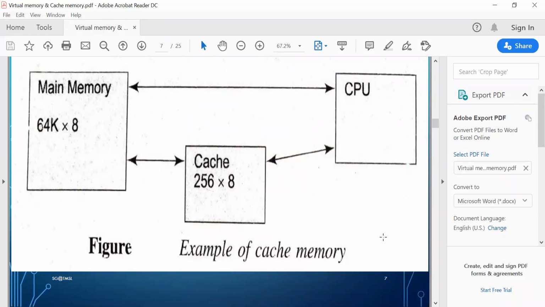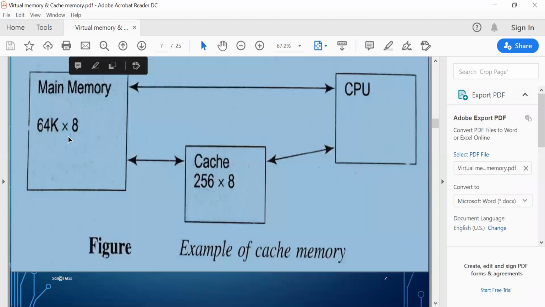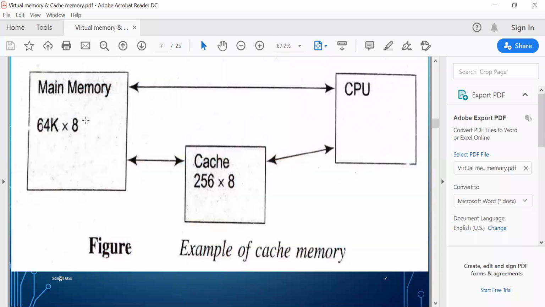Okay, so here this is the cache that can store 256 words, each is 8 bits wide, and the total main memory space is 64 kilobytes. Again, each word is 8 bits. So out of this 64 kilobytes, only 256 words can be stored inside cache. So it is a duplicate. Actually, there is a duplicate copy in main memory for each word stored in cache.